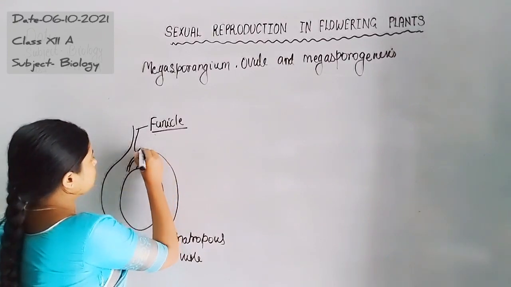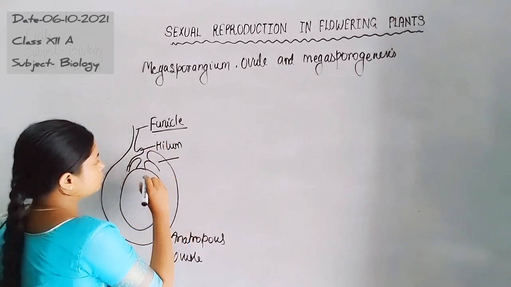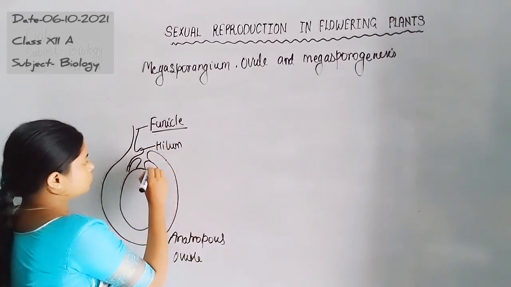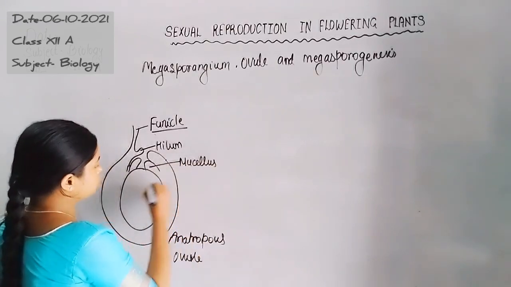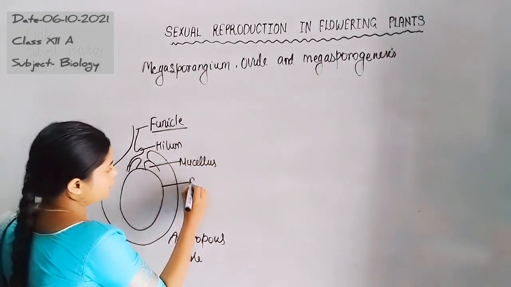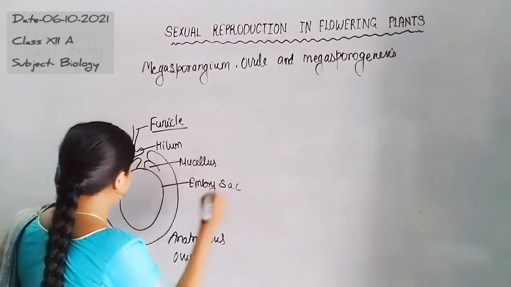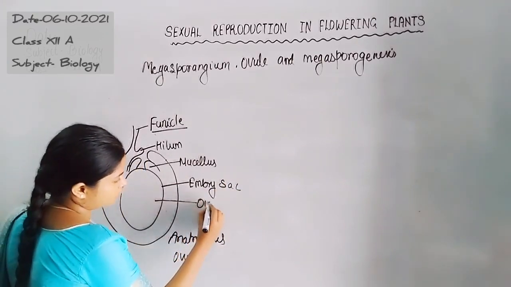Now here is the hilum. Nucellus, embryo sac and ovule.